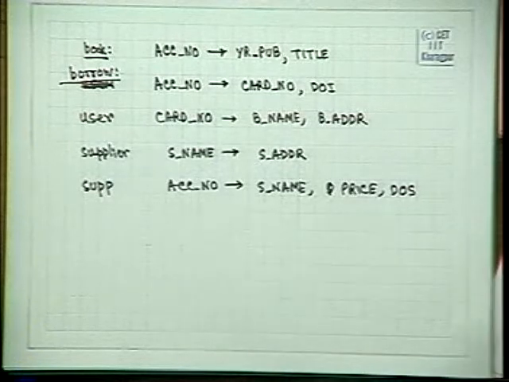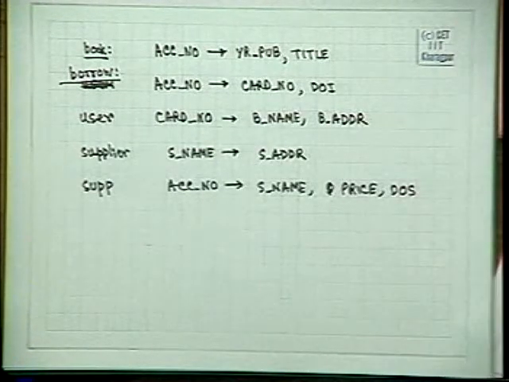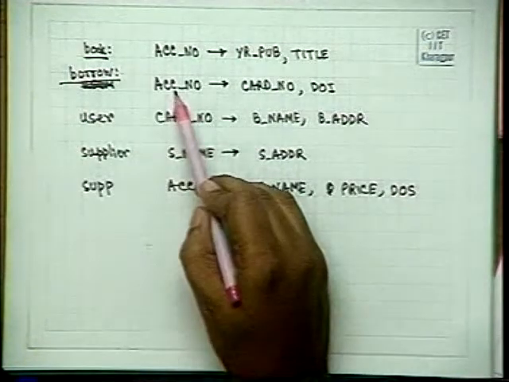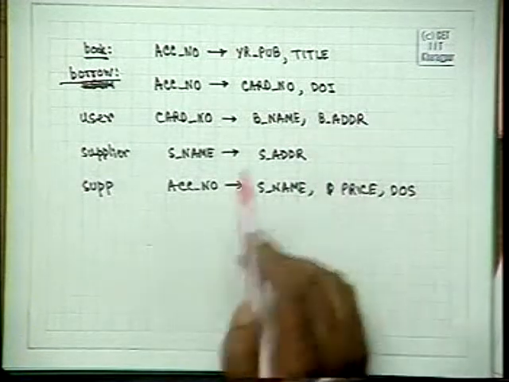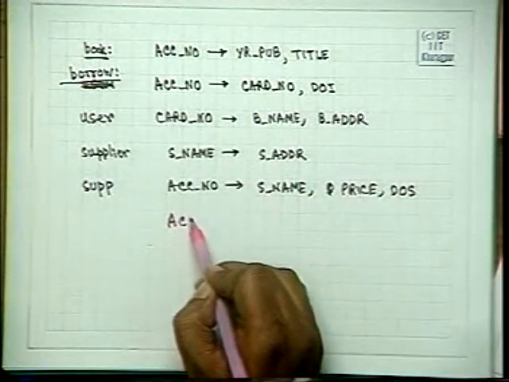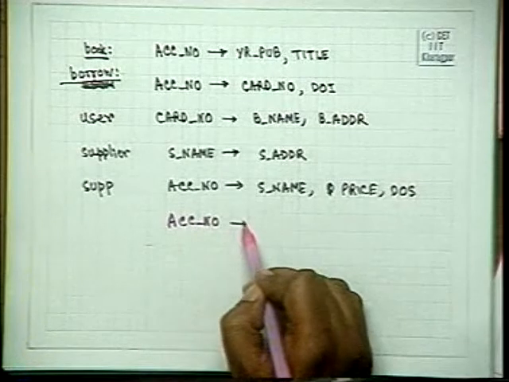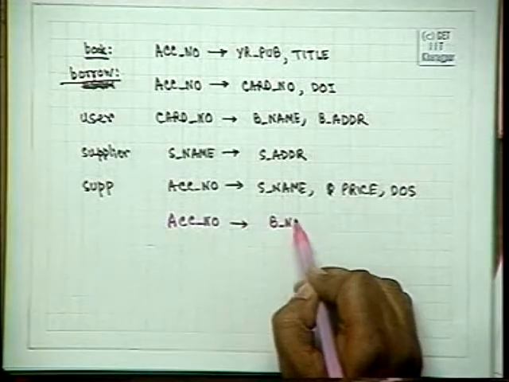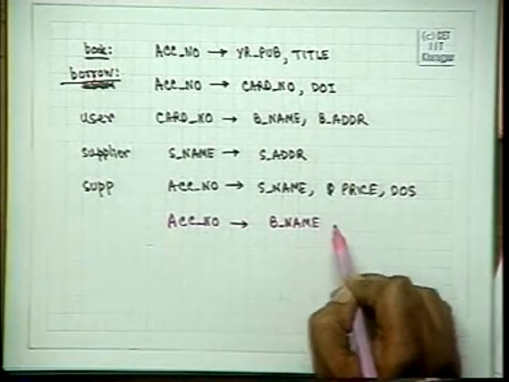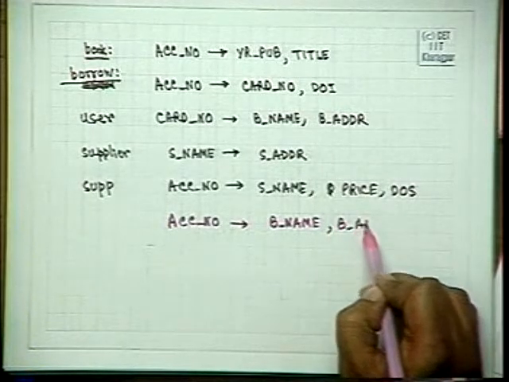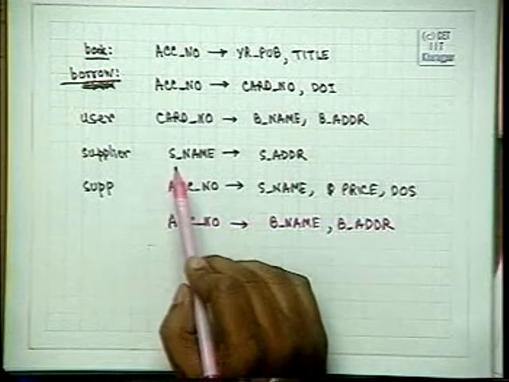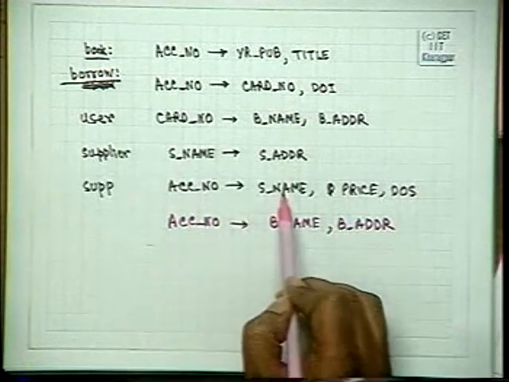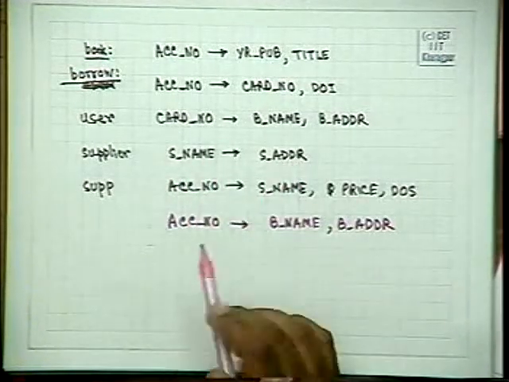Now, from this we can put in several other things. One of them is accession number gives card number and card number gives borrower's name and borrower's address. So, we can immediately derive accession number gives borrower's name, borrower's address both, and we can also say that accession number gives supplier's name gives supplier's address.